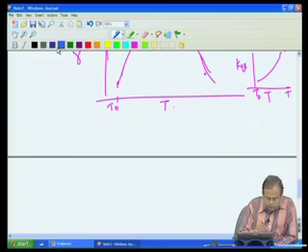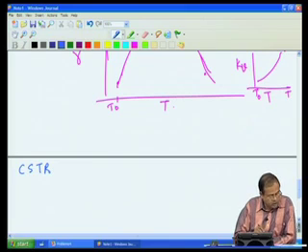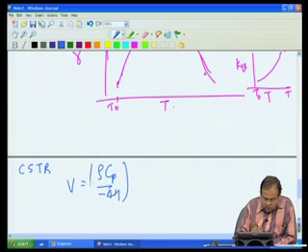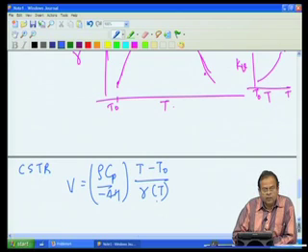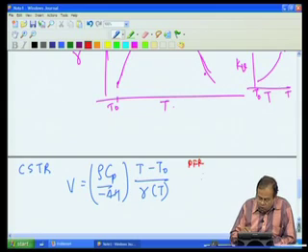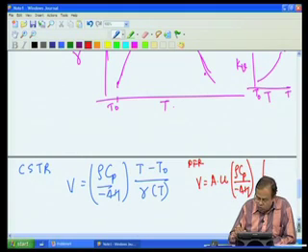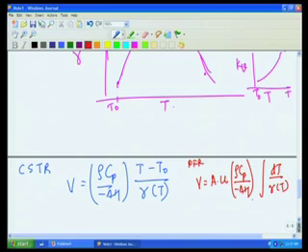So, for CSTR I can write that equation, and you can verify it for yourself: rho Cp by minus delta H, which is actually our alpha value, into T minus T naught divided by R of T. And for plug flow reactor, this volume will work out to be A into U, cross-sectional area into velocity, divided by rho Cp into minus delta H into integral dT by R of T from T naught to T.